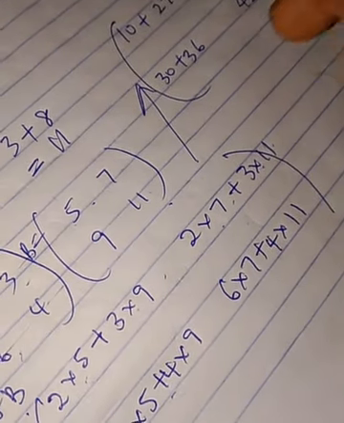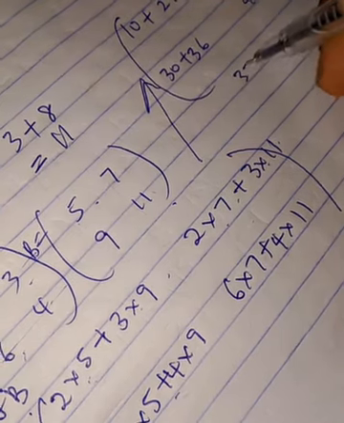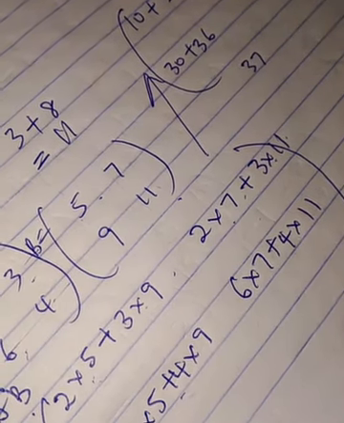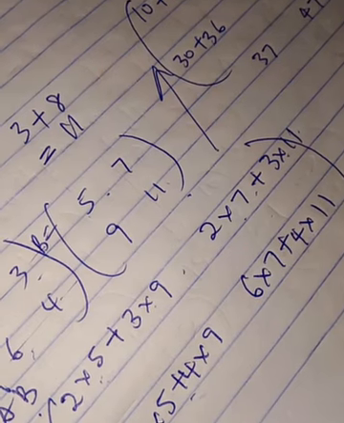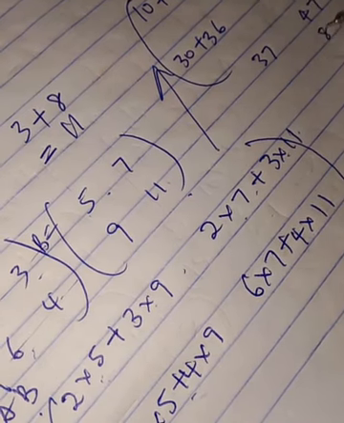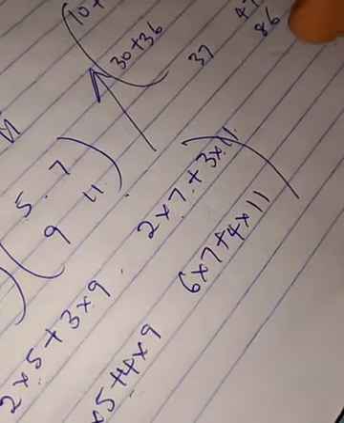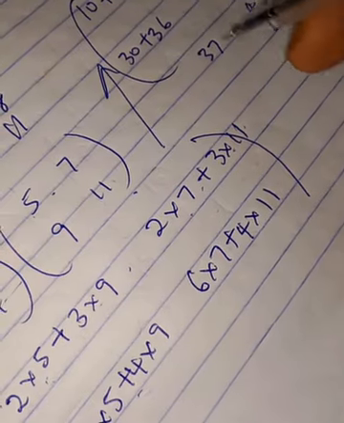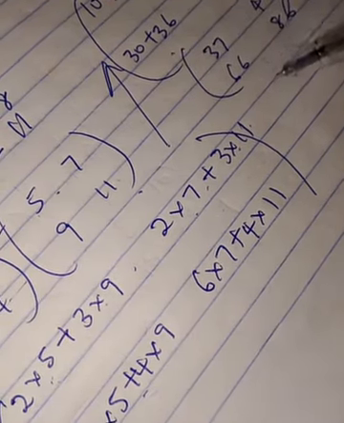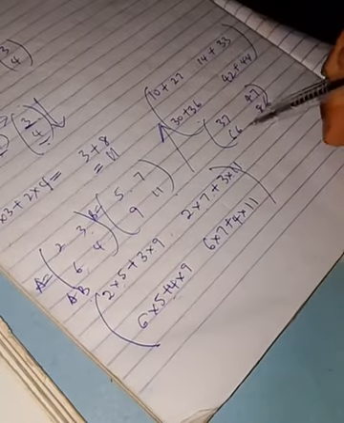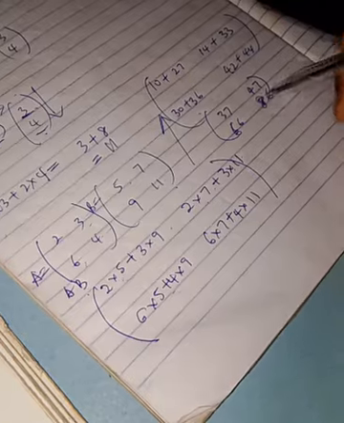And from what we have here, 10 plus 27 will give us 37. 14 plus 33 will give us 47. 42 plus 44 will give you 86. Then 30 plus 36 will give you 66. So this is what we will get: 37, 47, 66, 86.